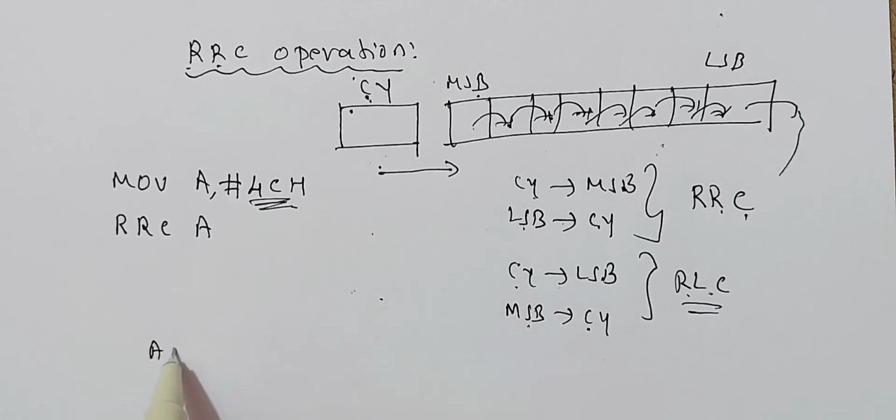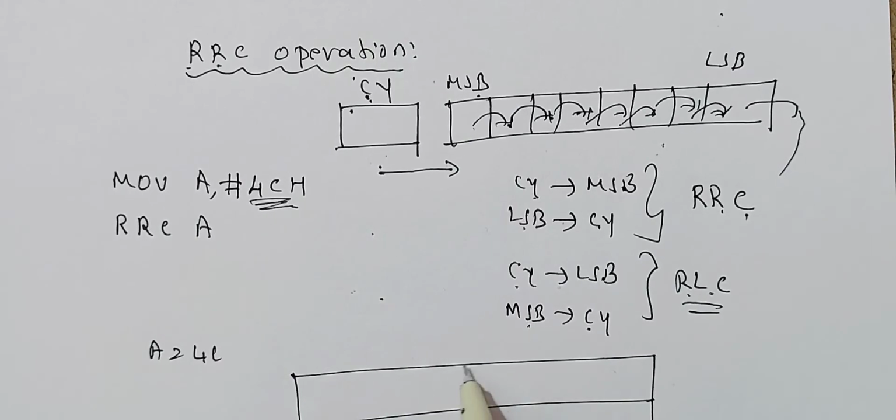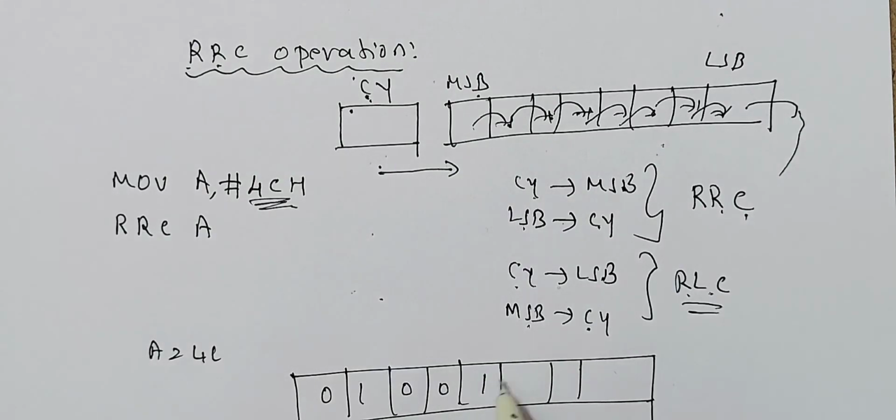A equals 4C means four is 0, 1, 0, 0. C, A is 10, B is 11, C is 12. The division 8, 4, 12: 1, 1, 0, 0. This is our 4C. And assume that the carry flag is 0, carry bit. This is our MSB, this is our LSB.